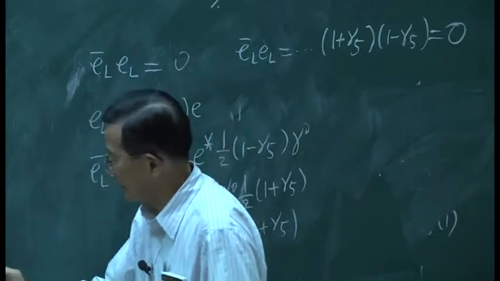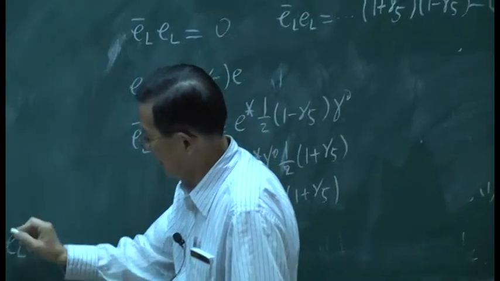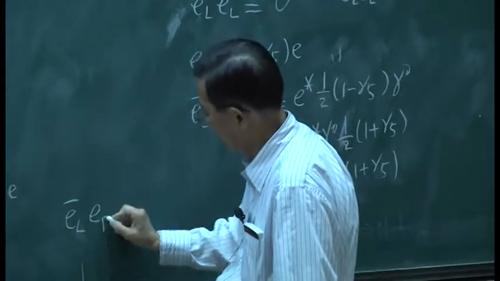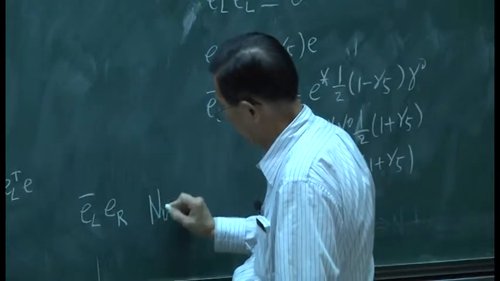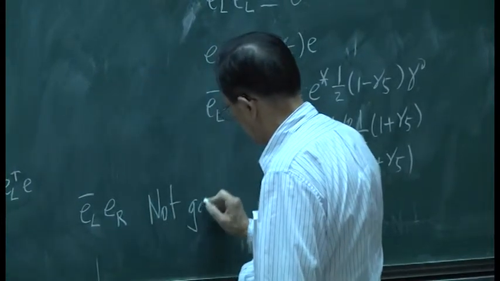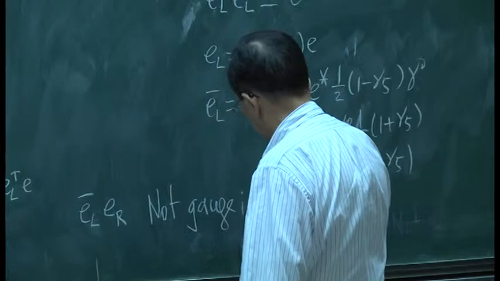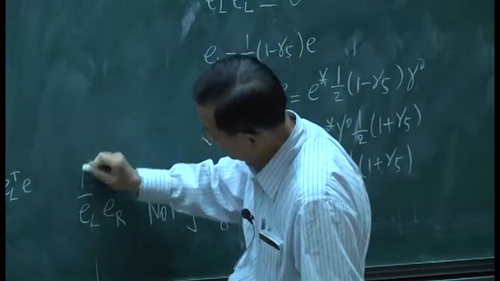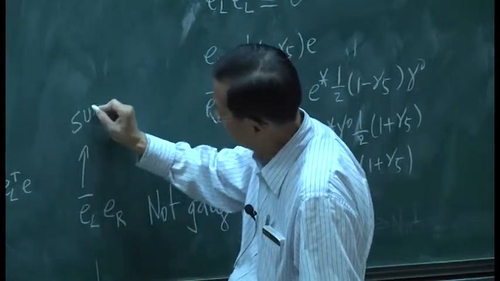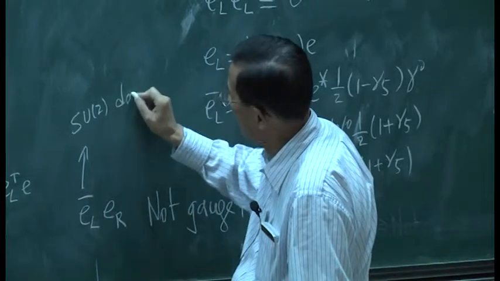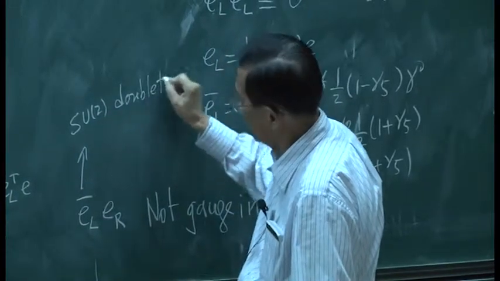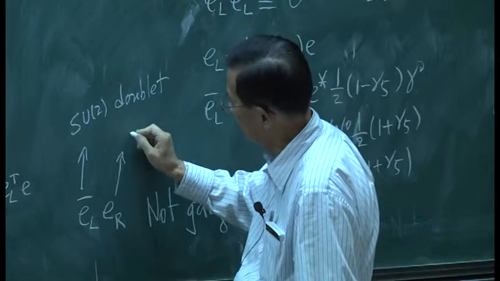And then I cannot write down E_L E_R, because it's not gauge invariant. Because this is an SU(2) doublet, and this is an SU(2) singlet.